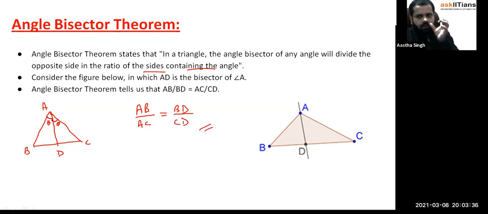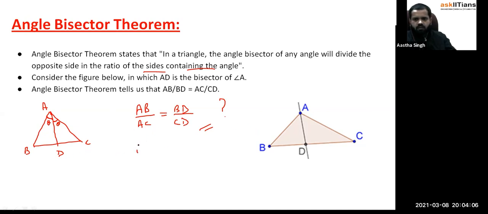The angle bisector theorem says your angle bisector will divide the opposite side in the ratio of the sides containing the angle. So just keep in mind the result that if these angles are equal, then AB upon AC is BD upon CD, right?